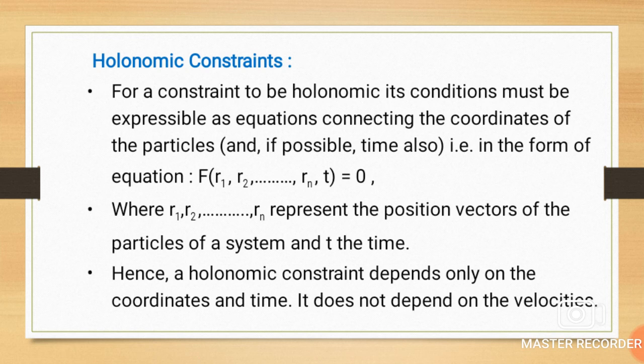Suppose we consider a particular system which consists of n particles, and the position vectors of these n particles are r1, r2, r3, r4, up to rn, and this constraint may include the time t. So this is the holonomic constraint.